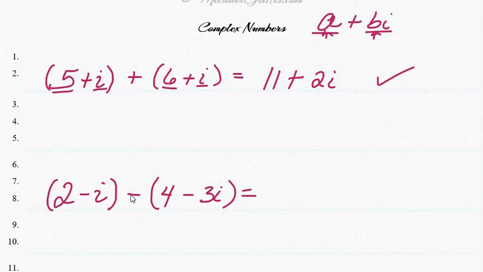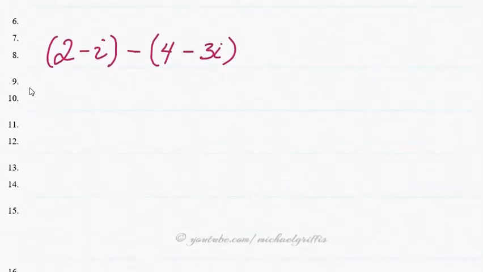Now, actually, you know what? I think what I'm going to do here is just write it straight on down. 2 minus I. We got to distribute this negative across inside. Right? It's going to make that a positive.